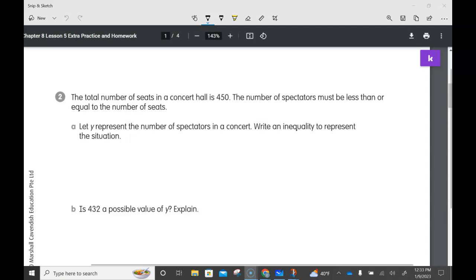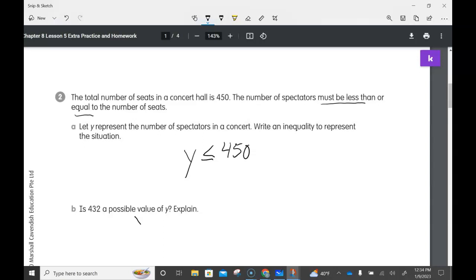So what we have here is Y is going to be less than or equal to, with that line there, 450. And you can see how this would make sense because we have 450 seats. You can't have more than 450 spectators because not everybody would have a seat. And then for letter B, is 432 a possible value of Y?